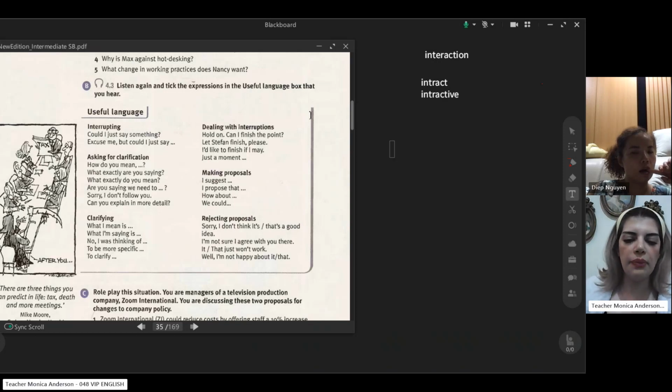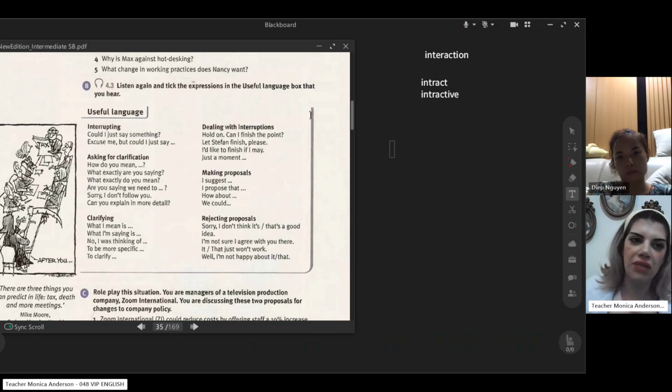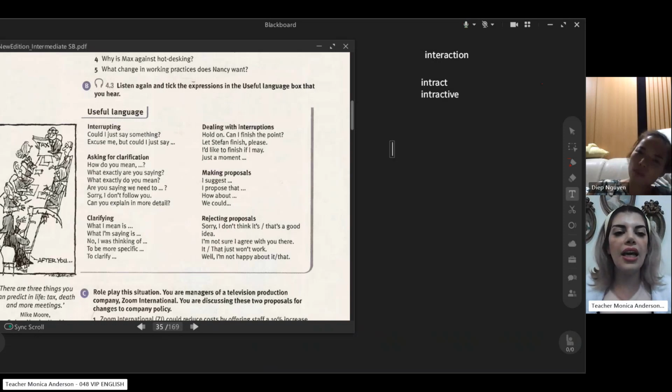Or, for example, you can say: do you mind if I jump in here? It's better than just saying 'I just say something'. You can use these phrases; they are more polite and formal. These two phrases are good, but of course we can add some other alternatives.